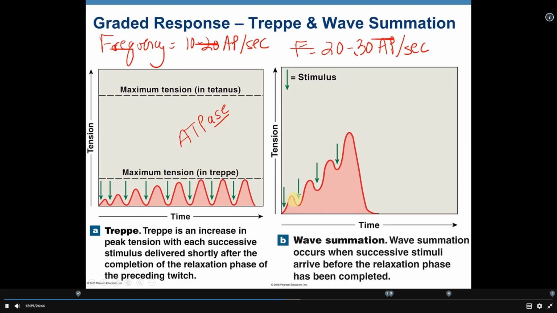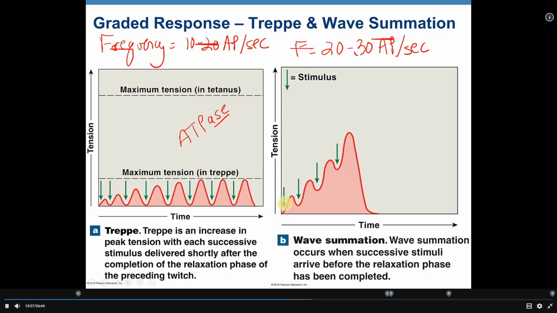So now the muscle's still partially contracted, and it begins to contract again, and then it relaxes, boom, another action potential. So it's even more contracted when the next action potential comes along, and it contracts even more, boom, another one.